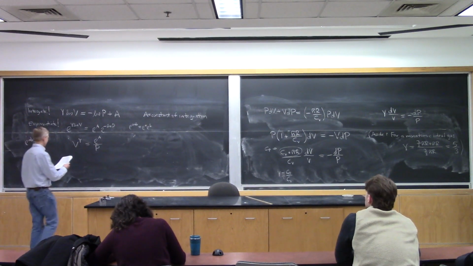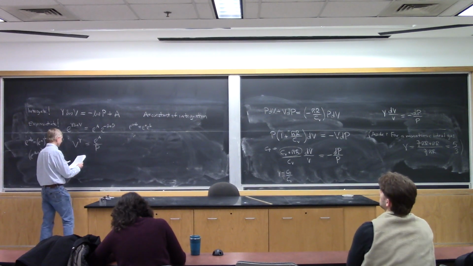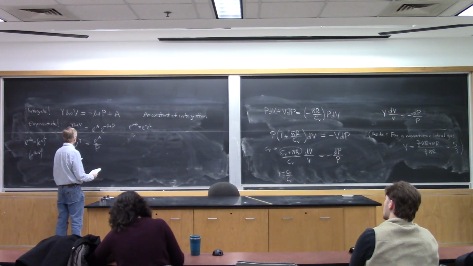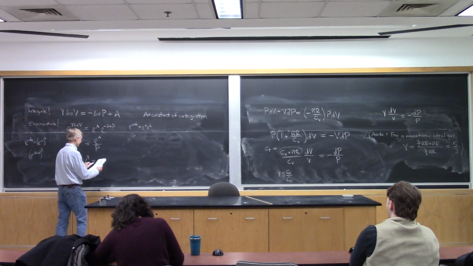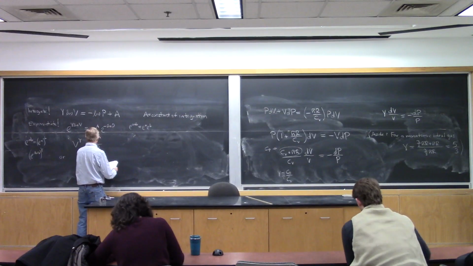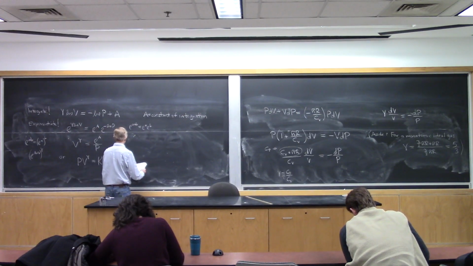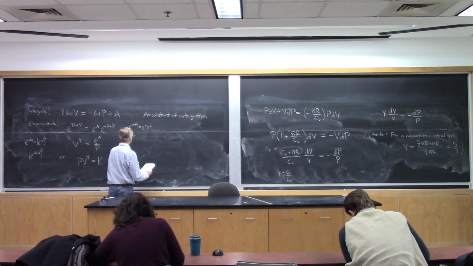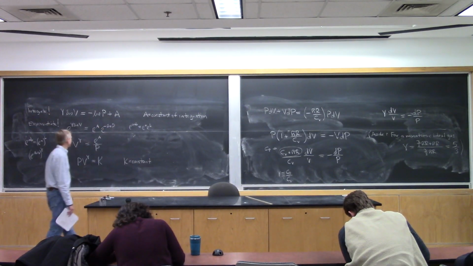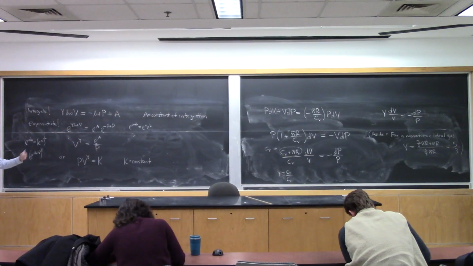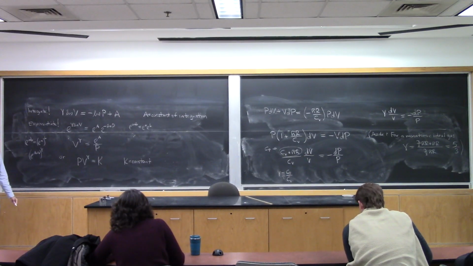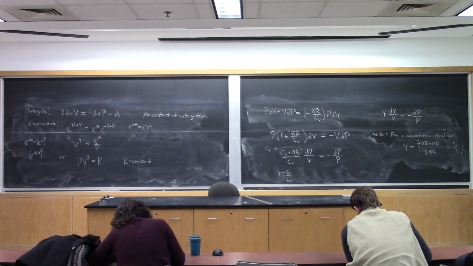Or in other words, p v to the gamma is equal to k, where k is a constant. We're just renaming our constant: k is e to the a. So a is some constant of integration.